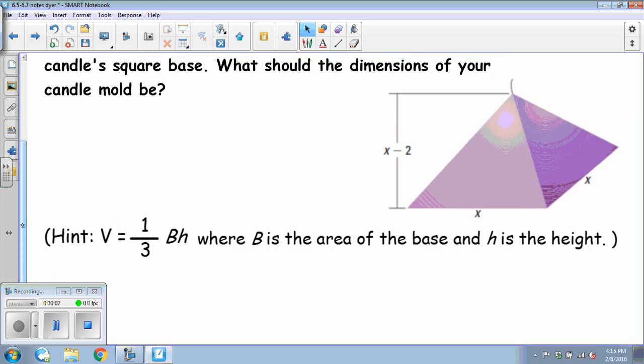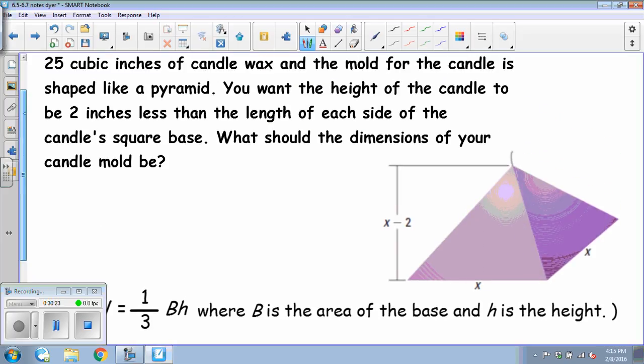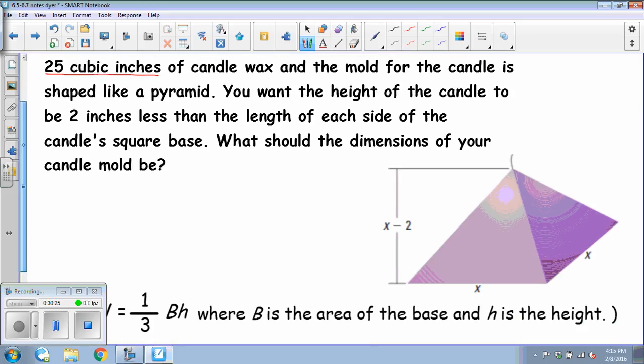we know that the volume of a pyramid is 1/3 times the area of the base and then times the height. So using this formula, we will plug in the values that we do know. They gave us the volume, which has to be 25 cubic inches.